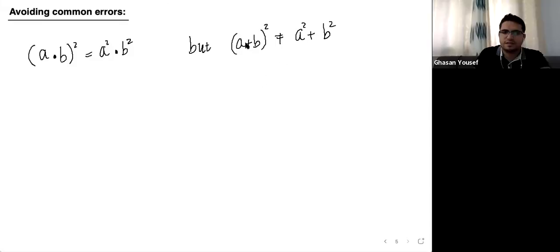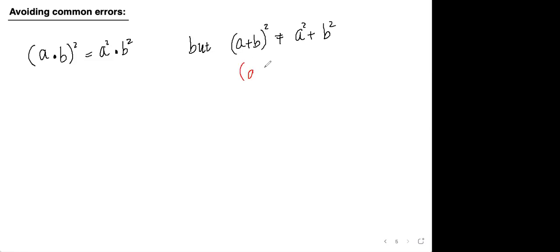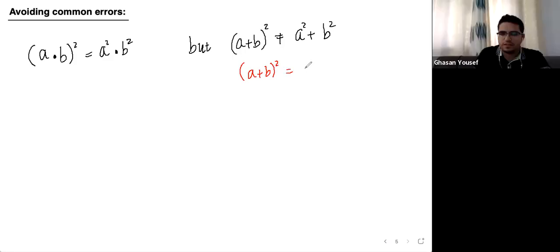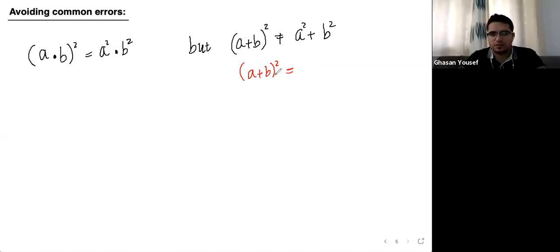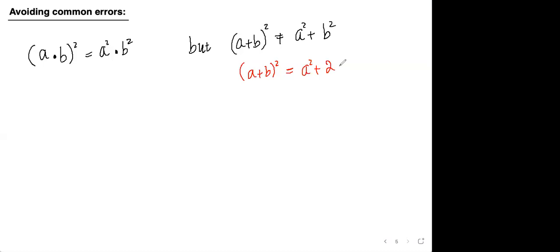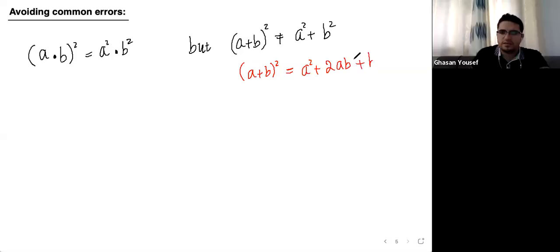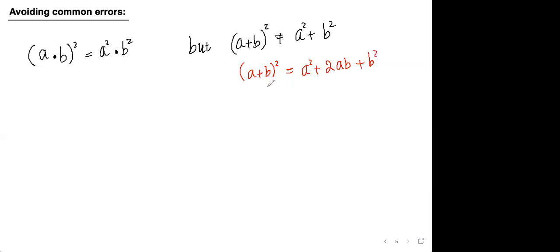So what do we have to do? What is a plus b squared? It's simply a plus b times a plus b, which is a squared plus 2ab plus b squared. Yes, this is correct. This is called the perfect square.